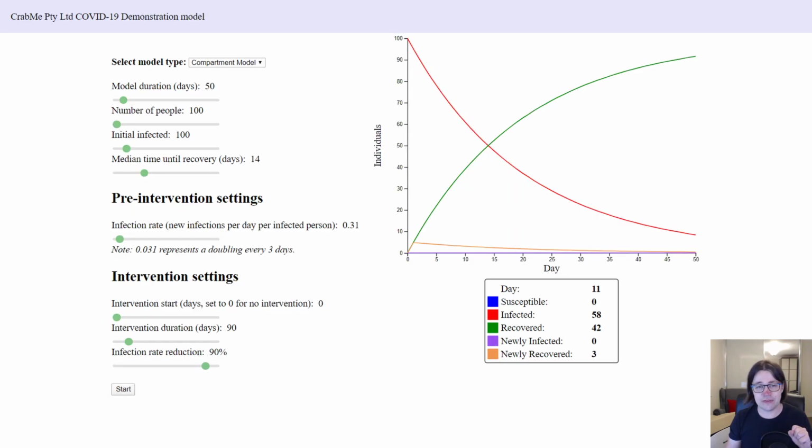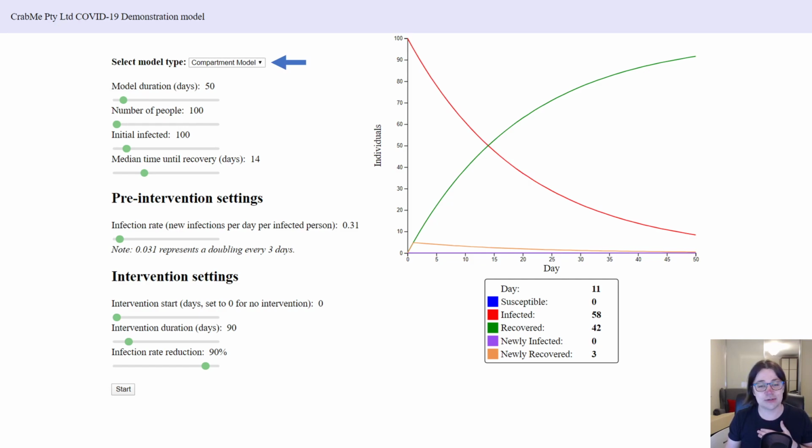This is a demonstration model that I built to show people like you the difference between a compartmental model and an individual-based model. You can view this at covidagentmodel.com. At the top, the setting is compartmental model.